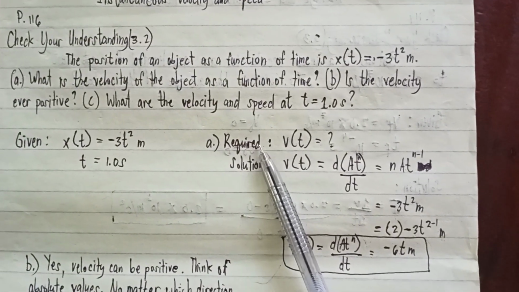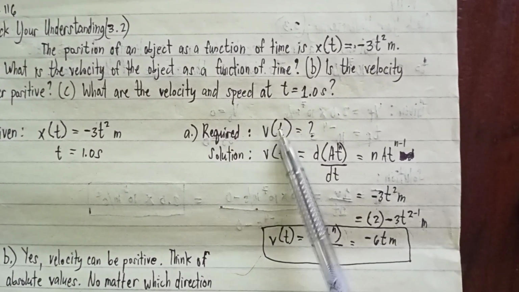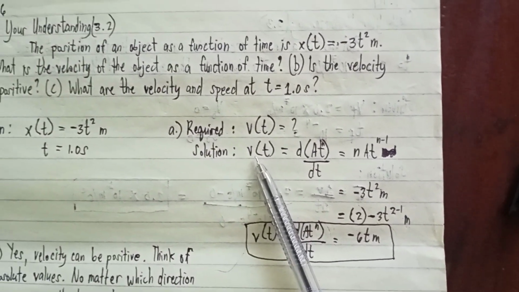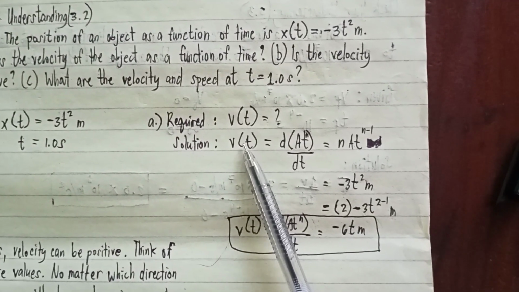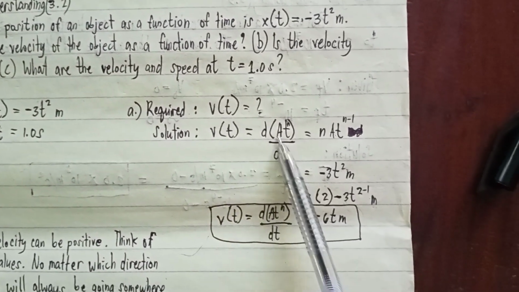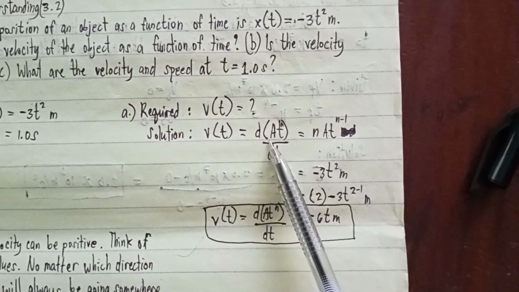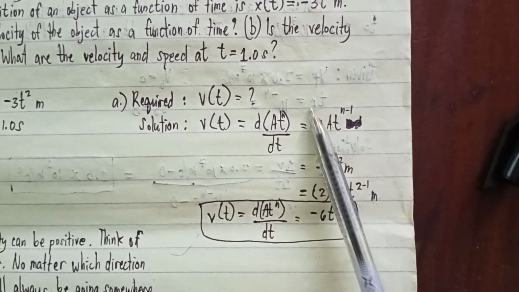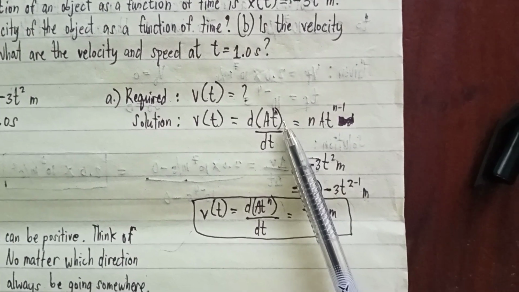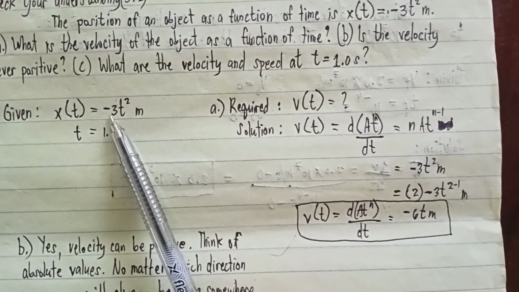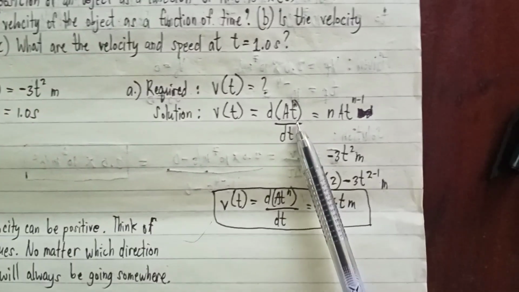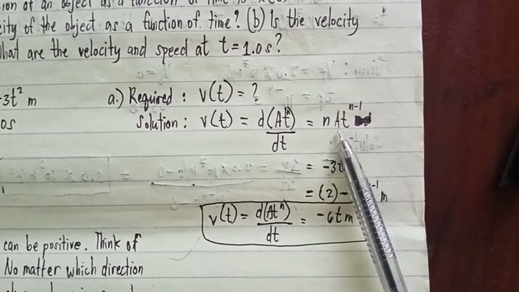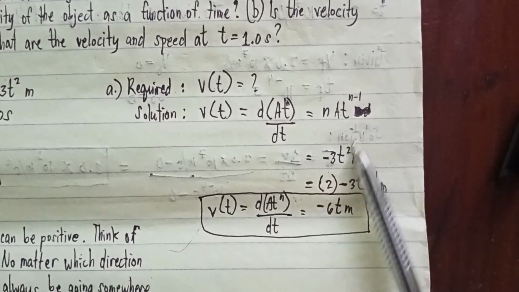We're going to find, as required here, the velocity of the object as a function of time. So the solution is: velocity of the object as a function of time equals d(at^n)/dt. We're going to use this power rule because the equation negative 3t squared m is of this form, where a is a constant and n is an integer.